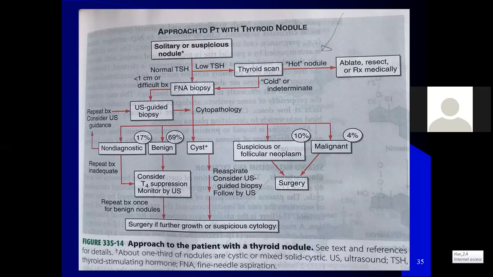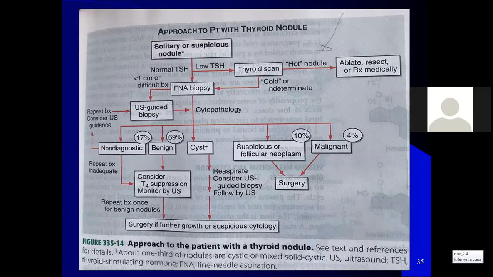In thyroid scan, there are two things: hot nodule and cold nodule. The hot nodule is where the radioiodine is taken up by the follicular cells diffusely, and the hot nodule is less cancerous, whereas the cold nodule is more cancerous. So, in hot nodule, we have to ablate or resect or treat medically.